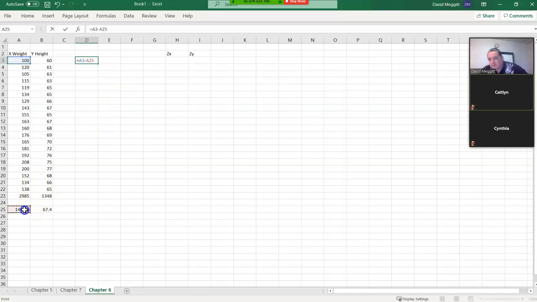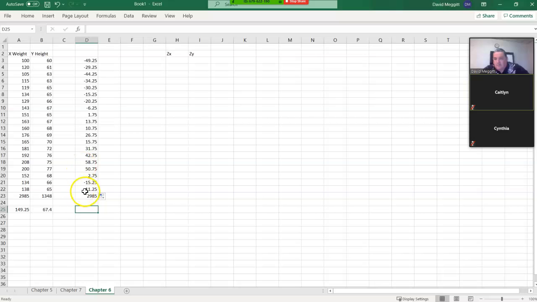Minus, so that is all of our distances from the mean, and then we just need to do the absolute value.